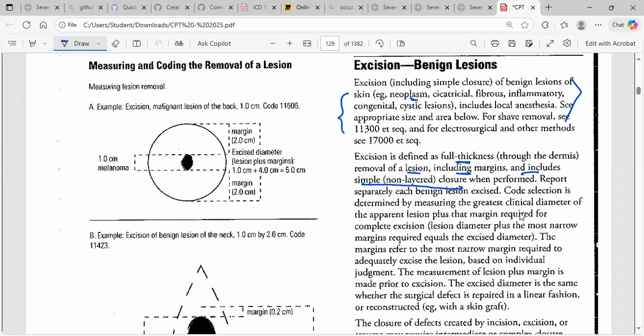If the doctor is doing an intermediate repair or complex closure with the excision, we are going to bill that separately. But if the doctor is just doing a simple repair, then we should not bill that simple repair in conjunction with the excision. Does that make sense? Is it clear to everyone now?